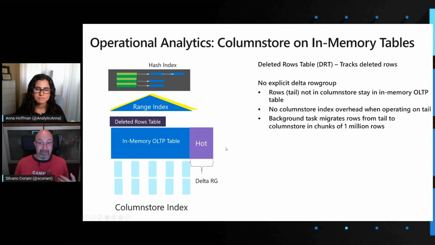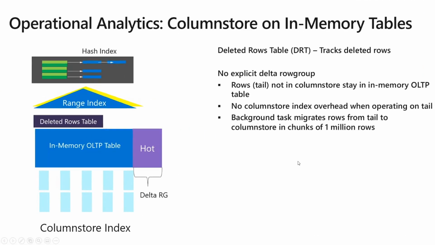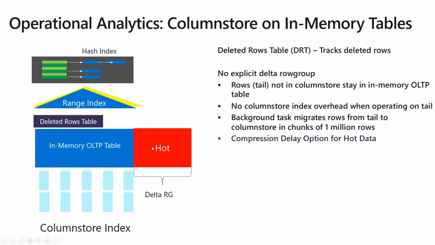In the same way that we migrate data from the row store into the column store index in traditional tables, we are doing exactly the same here. There is a background task which is migrating our hot rows, the newly inserted rows, from the tail of this in-memory table into the column store in chunks of 1 million rows. And this slice of our hot data can actually grow.